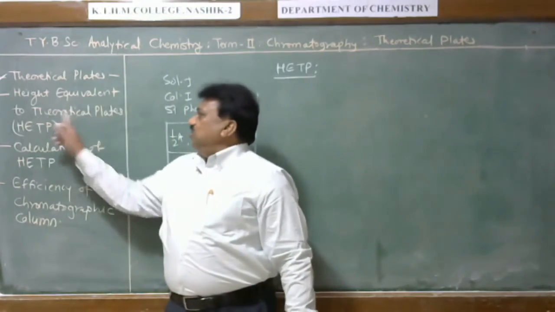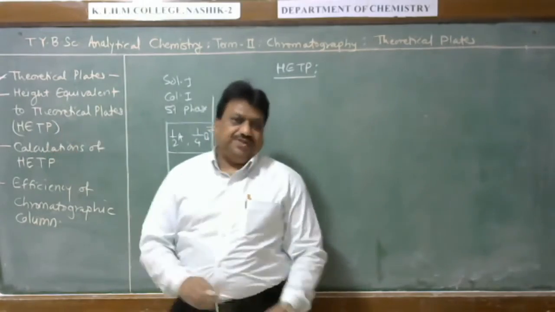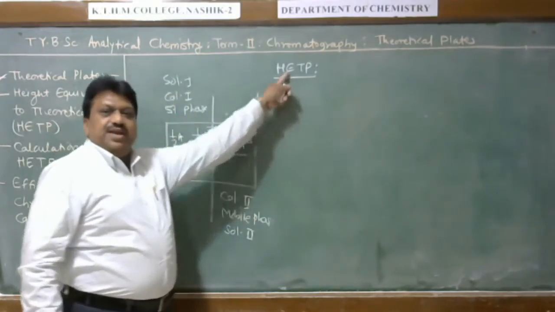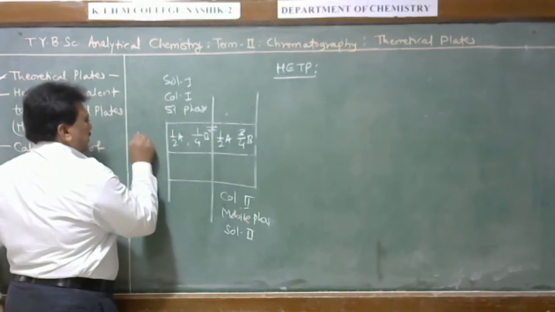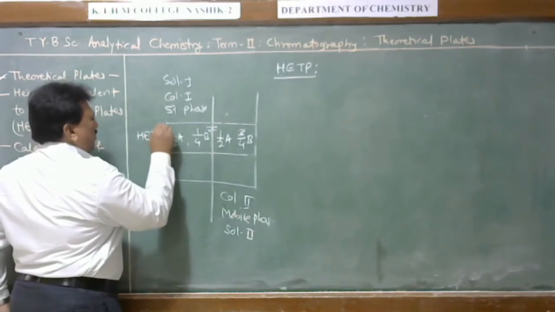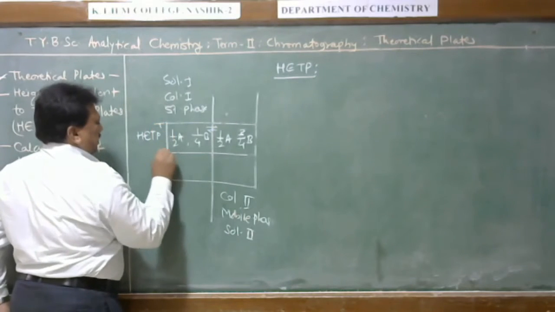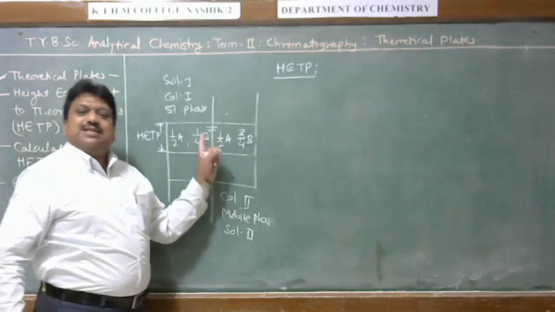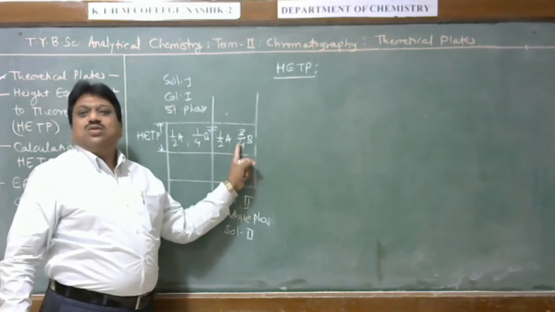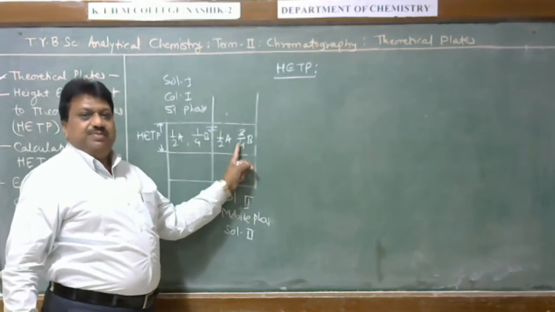Height equivalent to theoretical plate, HETP. HETP in chromatography represents the height of that particular column which is utilized by that sample component to undergo that single distribution equilibrium.